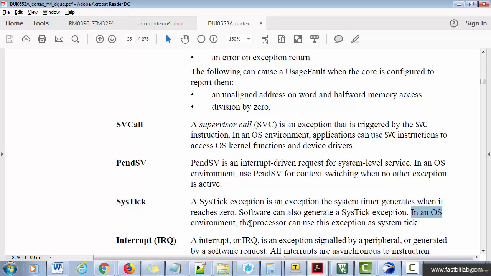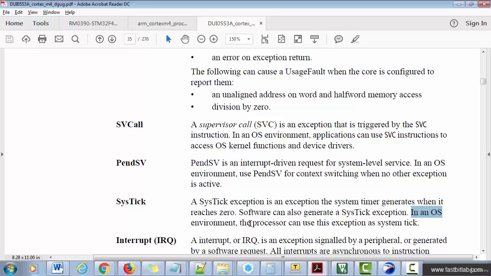For example, in your real-time operating system or embedded OS, you can use this SysTick feature of the ARM Cortex-M processor in order to implement the kernel ticking, in order to perform context switching or implement blocking calls, etc. So you can use this as a kernel tick timer.